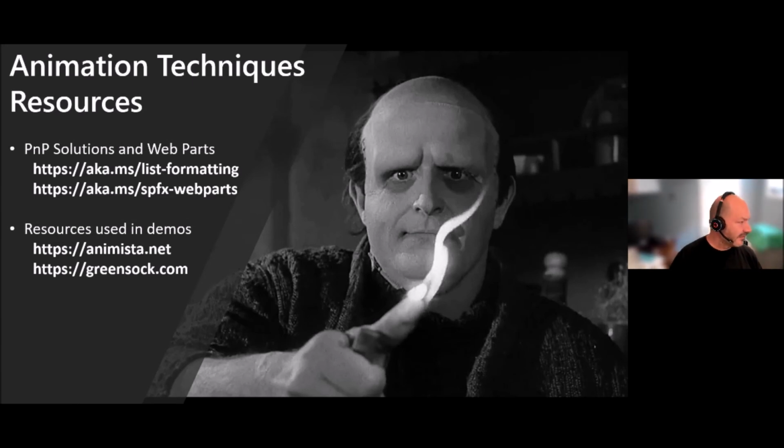In terms of all the things that we did today, we've got the enhanced list formatting, the content query web part, Animista to create the animations, and then greensock as a third-party library to make advanced animations as well.